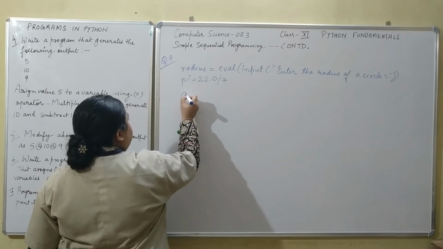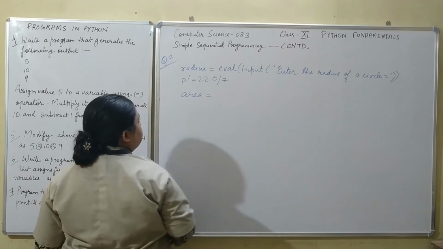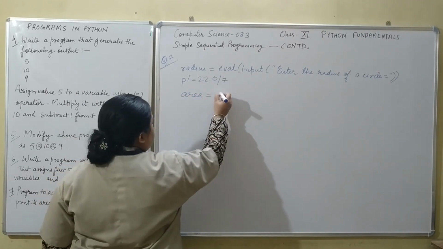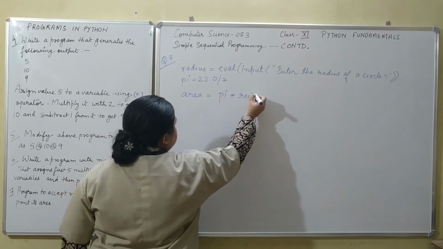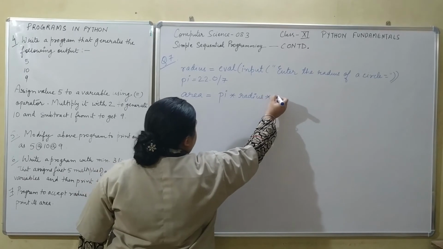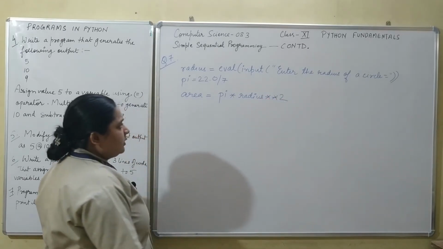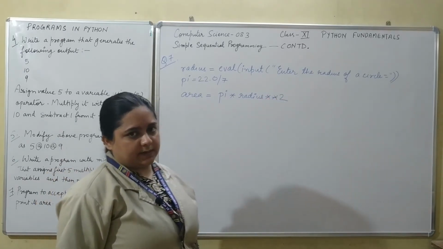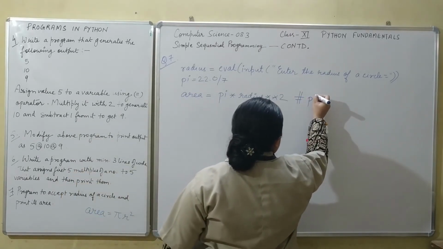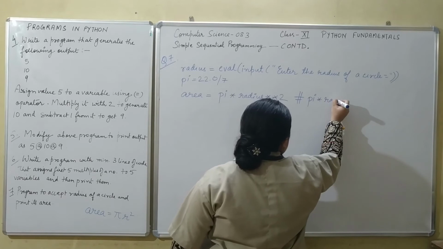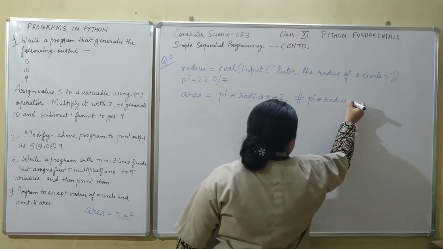Then the area of a circle: area equals pi r square, so pi multiplied by radius raised to the power 2. Or you can also write radius into radius. That's also correct. Both are correct.